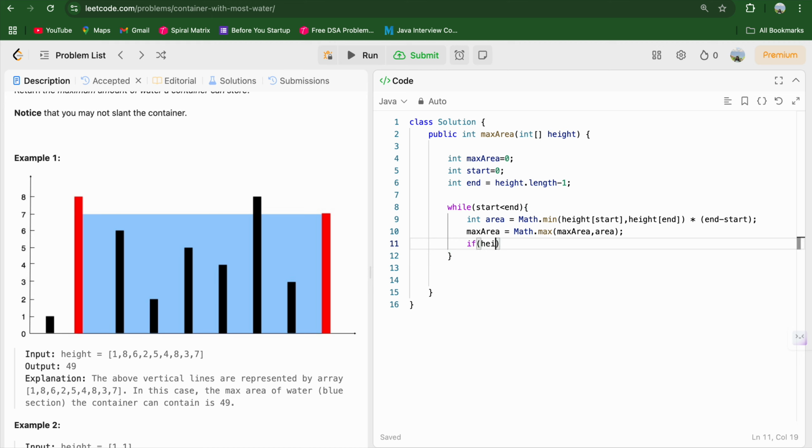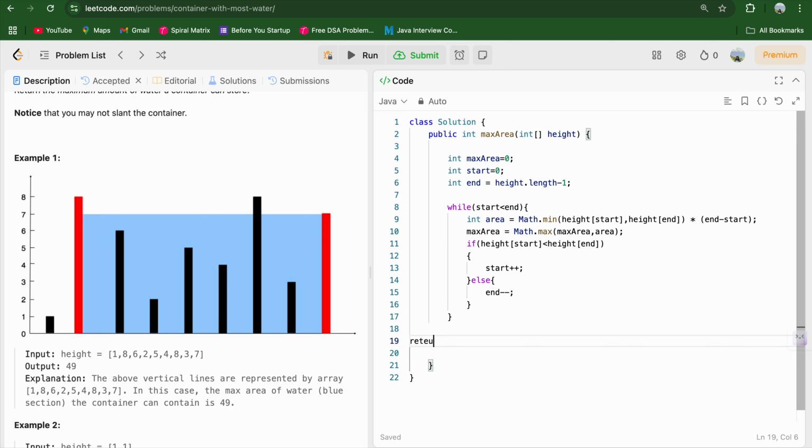If height start is less than height end, then we are going to increment start, else we are going to decrement end, and we just need to return max area. So why we are doing this?